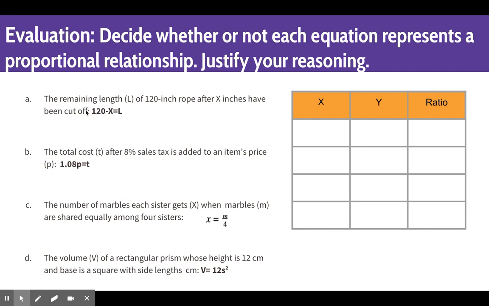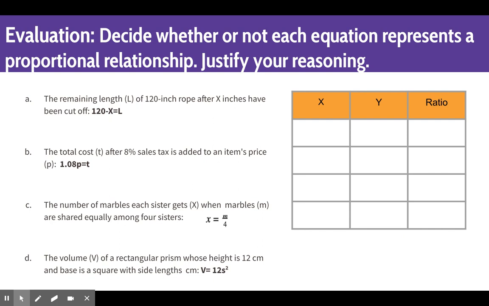Looking at this first equation, 120 minus x equals L, your video should be on. Give me a thumbs up or a thumbs down whether or not this should be proportional. Thumbs up, yes, it's proportional. Thumbs down, it's not proportional. So for number one, it would be a thumbs down. 120 minus x equals L is not of the form y equals kx.